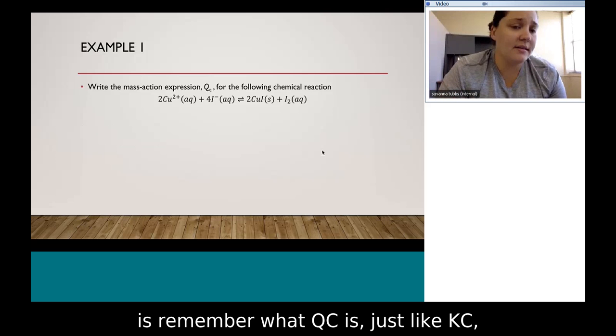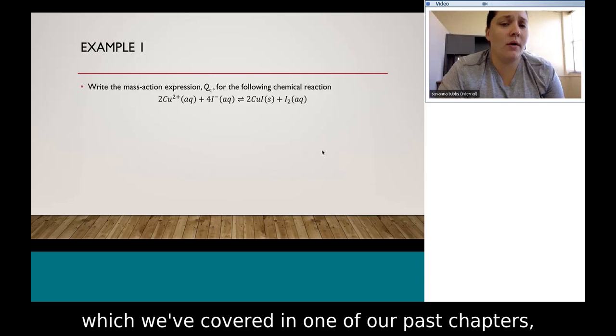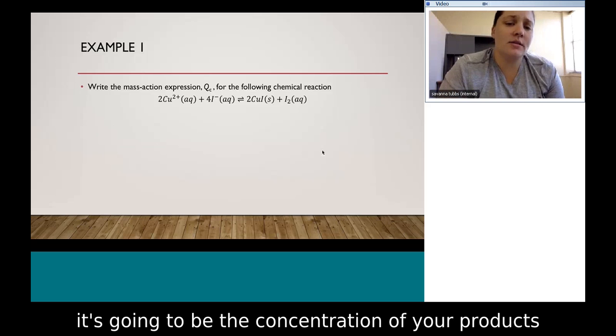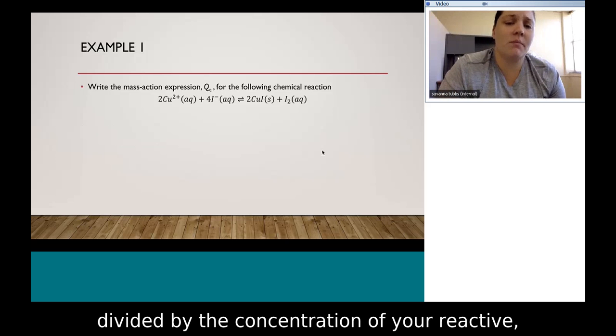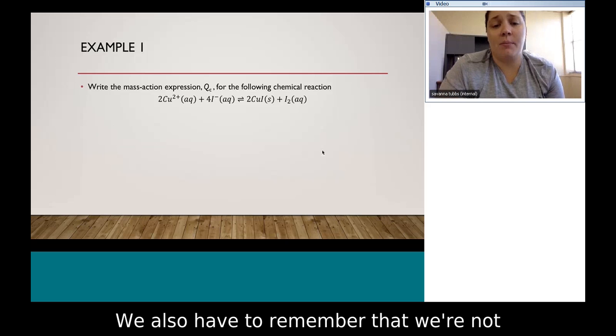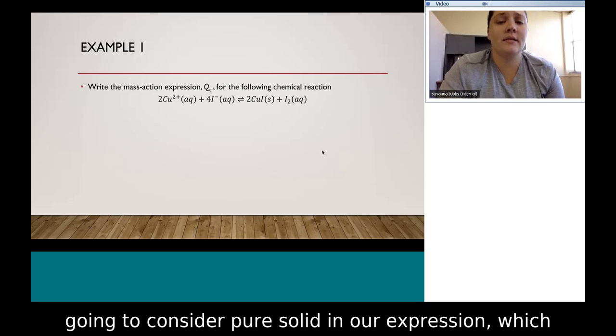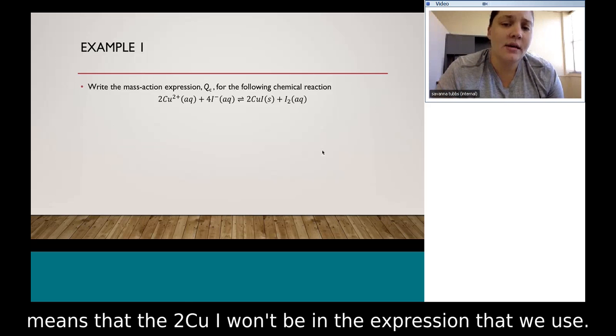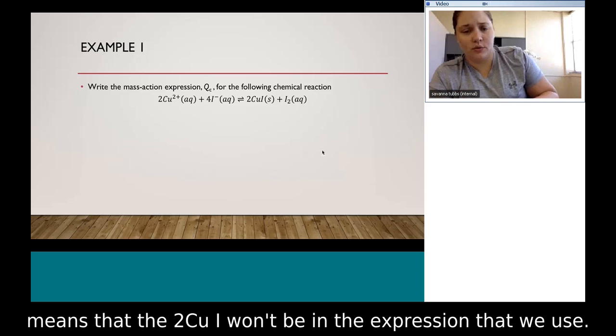Just like Kc, which we've covered in one of our past chapters, it's going to be the concentration of your products divided by the concentration of your reactants, where your coefficients are now your exponents. We also have to remember that we're not going to consider pure solids in our expression, which means that the 2CuI won't be in the expression that we use.